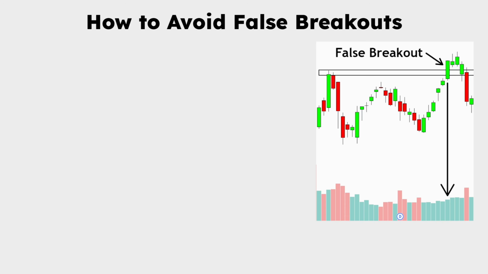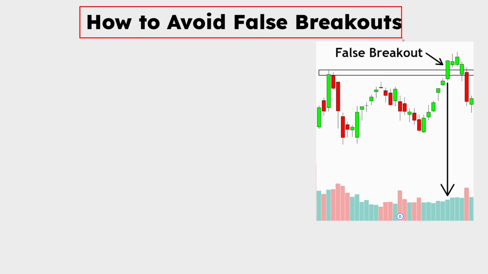But alright, so now, how can we use volume to avoid false breakouts? As you can see on this image right here, we once again had a resistance level. You can see we got a strong reaction right here. The price went up and we almost tested this level once again. But at this green candle right here, we actually pushed above the resistance, but then quickly the price reversed and started to fall.